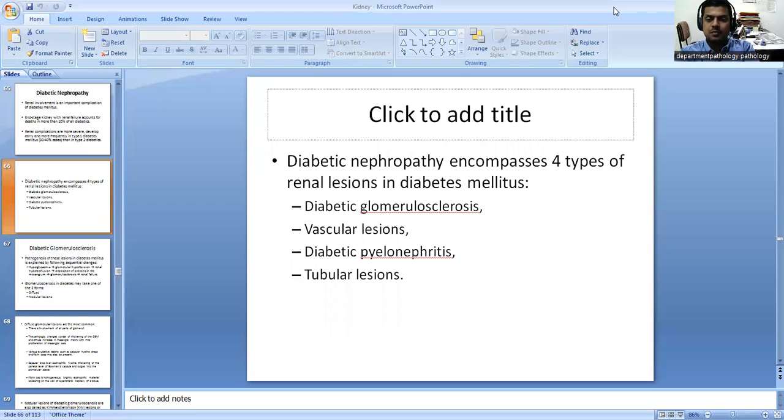Diabetic nephropathy encompasses 4 types of renal lesions in diabetes mellitus, namely diabetic glomerulosclerosis, vascular lesions, diabetic pyelonephritis, and tubular lesions.